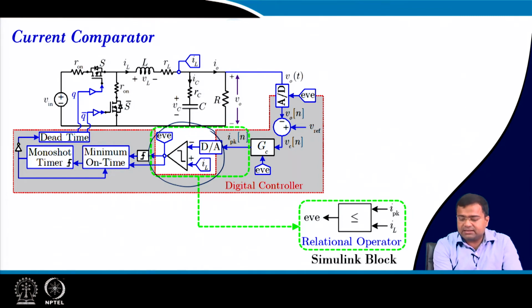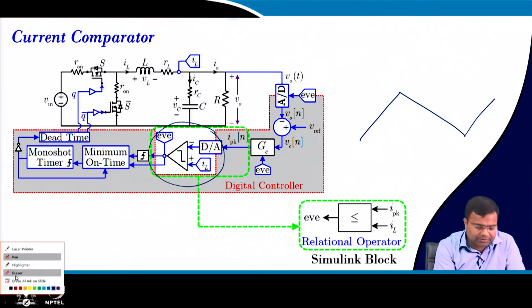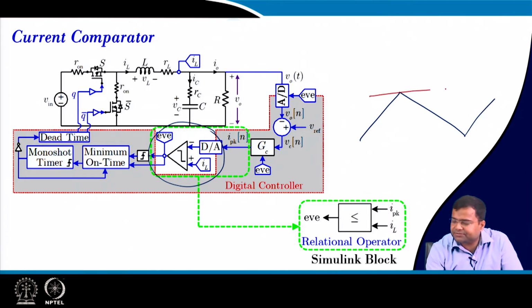Whenever the inductor current hits the peak current, that means if you draw the peak current reference, that is the point where we take this event.